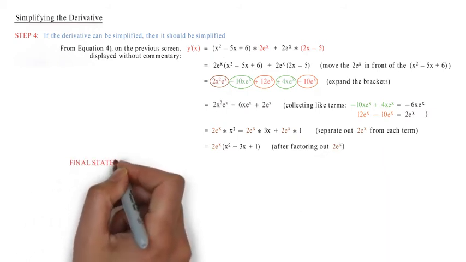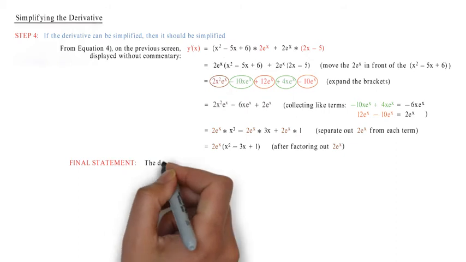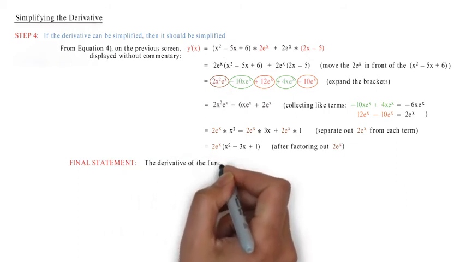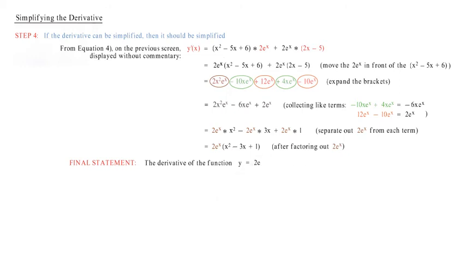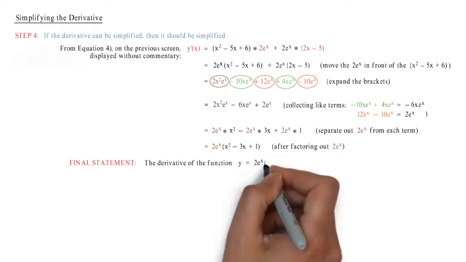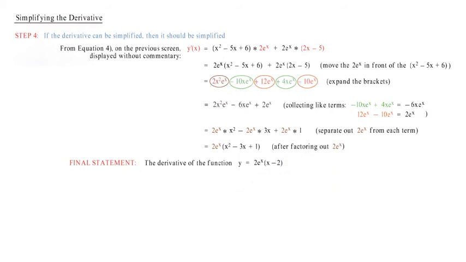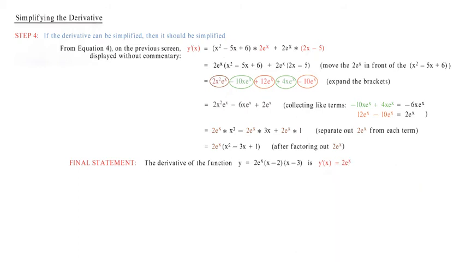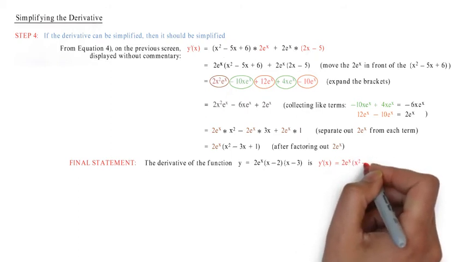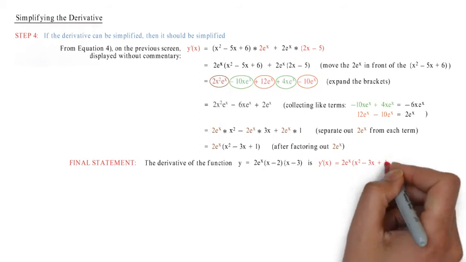Final statement. The derivative of the function y equals 2e to the x into x minus 2 times x minus 3 is y'(x) equals 2e to the x into x squared minus 3x plus 1.